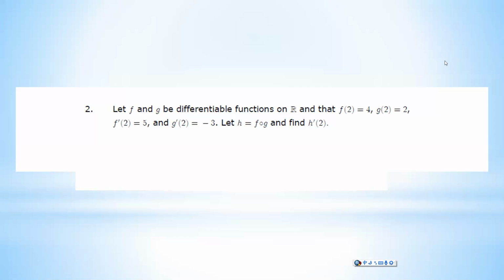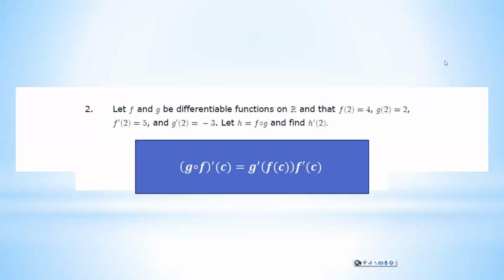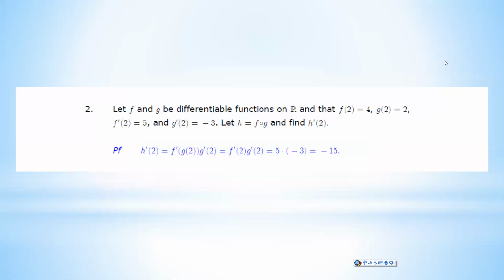And actually, last time we talked about the chain rule. So this solution just uses the chain rule, nothing else. You just plug everything into the chain rule, and you automatically get the result. So here, g and f are given, and h is f circle g, right? Therefore, h prime at 2 is equal to this.